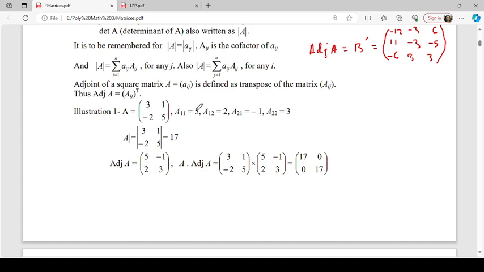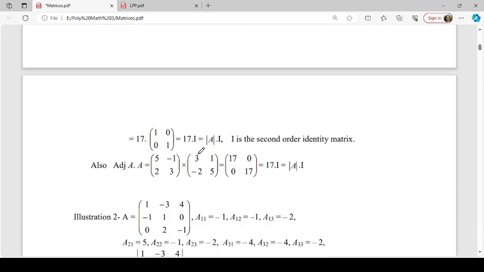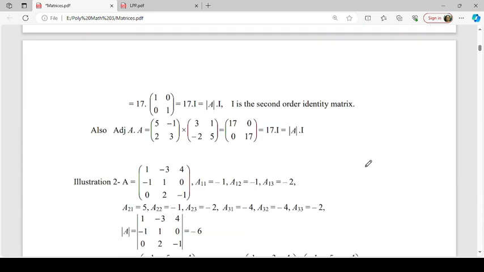Then the adjoint of A is 5, 2, and minus 1, 3. Then A into adjoint of A is A into I, determinant A into I. So this is the way of finding the adjoint of A.